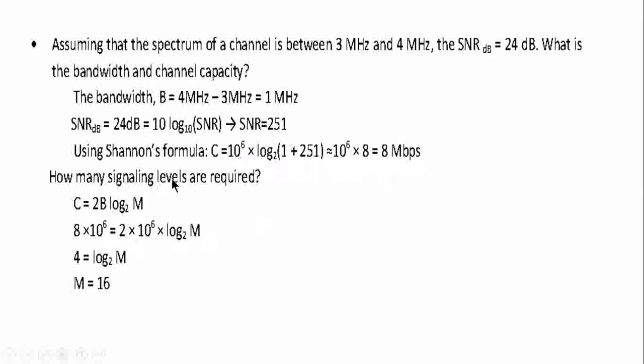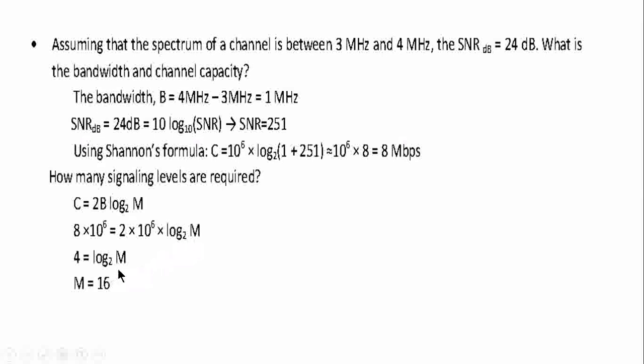So how many signal levels are there? Apply this technique, C equals B log 2 M. So remember, you've got the channel capacity that you have, and then substitute. In this computation here, I'm going to have 4. So all you need is to find M, which is the signal levels.